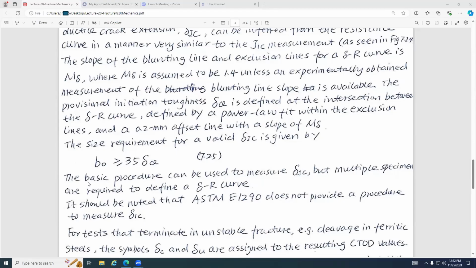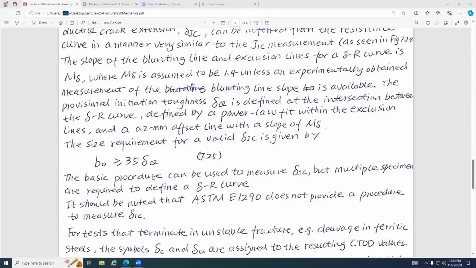However, for another procedure, the basic procedure can be used to measure delta IC, but multiple specimens are required to define a delta R curve. Why? Because in the basic procedure, we monotonically load the specimen until it fails or until a predefined displacement, and so we do not measure the crack length continuously.